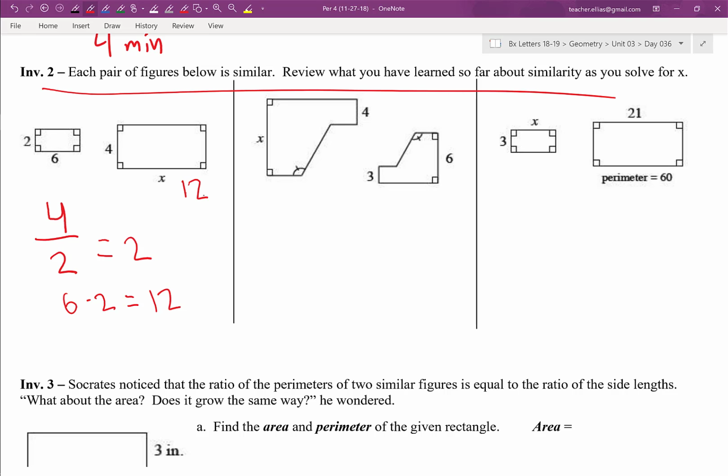Anybody want to try number 2 or number 3? Oh, yeah. Which one, you gonna do 2 or 3? I'll do 3.